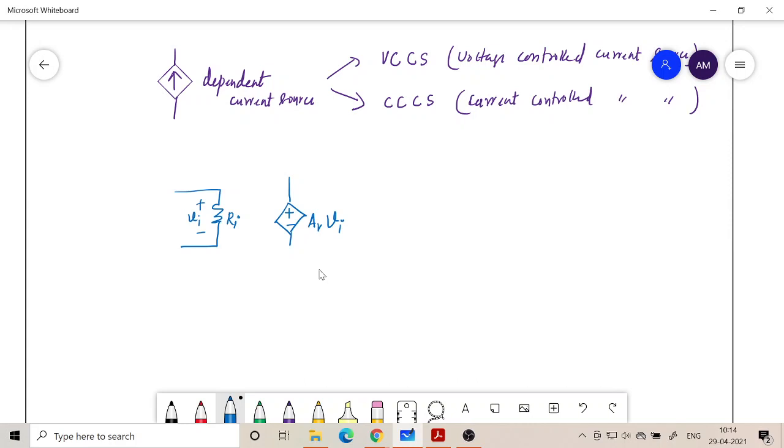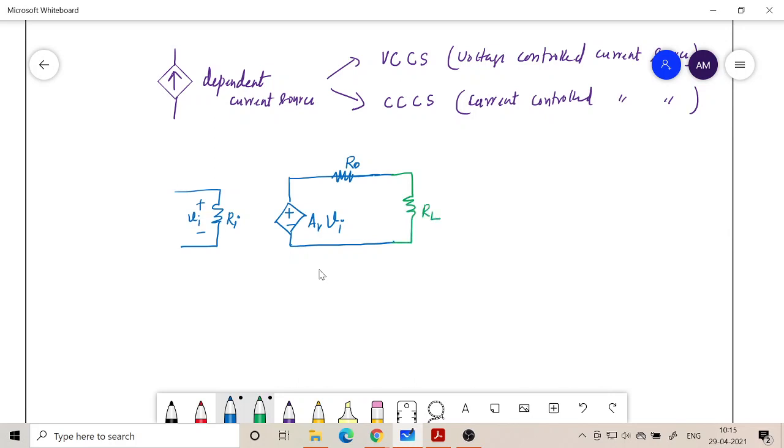So this is Vi, and then any voltage source has some series resistance. Since it is the output side, I will put Ro, and then I will put a load resistance RL.